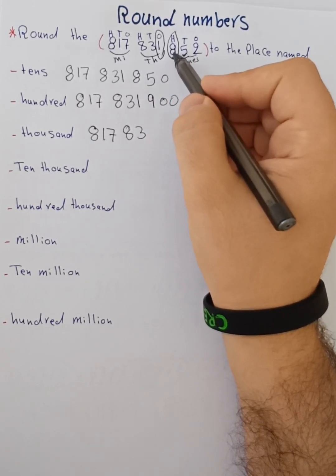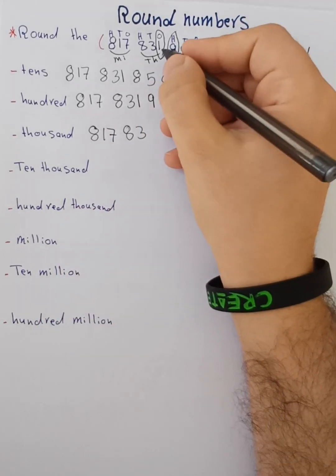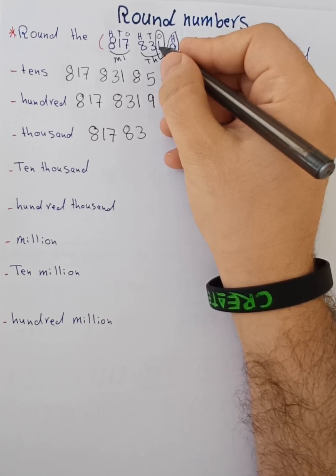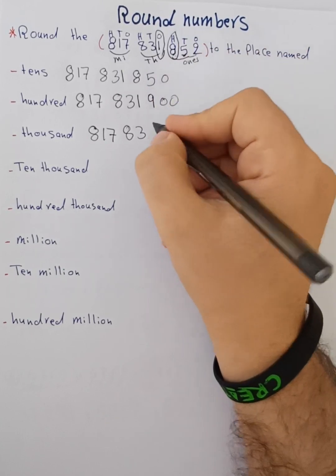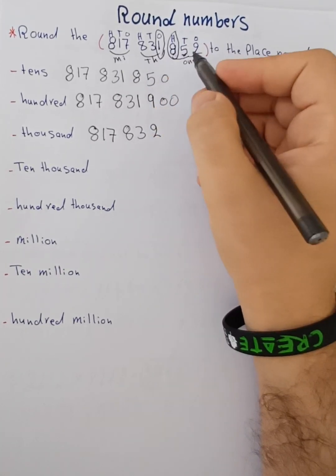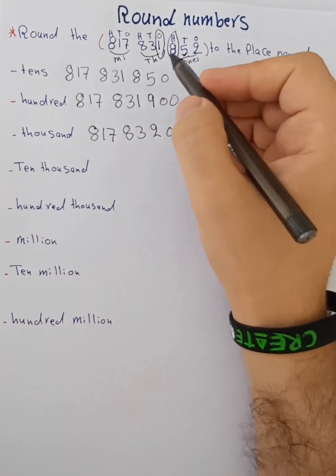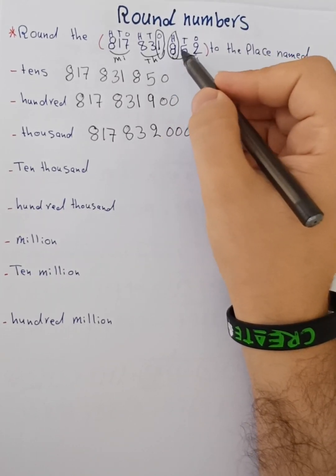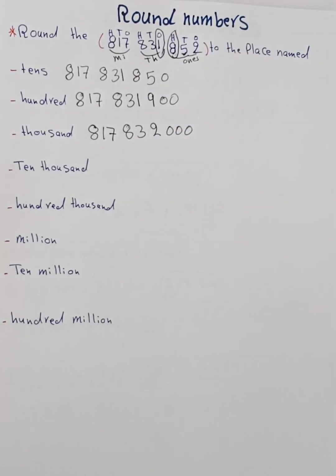Because 8 is greater than 5, by the rounding rule we have to increase 1 by 1. So 1 plus 1 equals 2. So this one becomes 2 and these 3 numbers become 0. So 1852 is closer to 2000 than 1000.